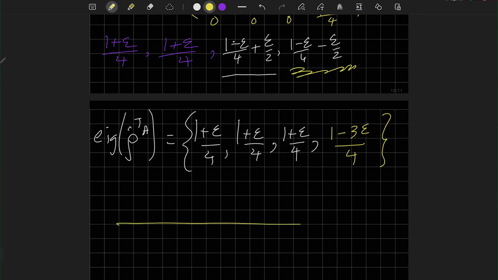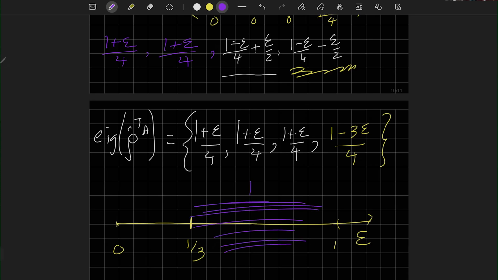If this is epsilon, this is 1, this is 0, this is 1 by 3. Here you have entangled states, and here you have separable states. Okay. So the density operator for an entangled state needs to be verified closely.